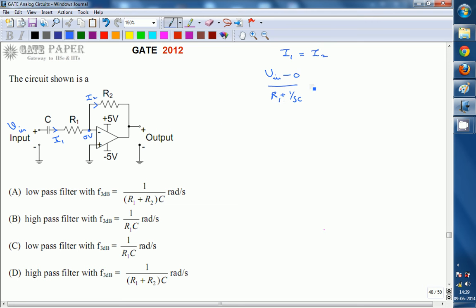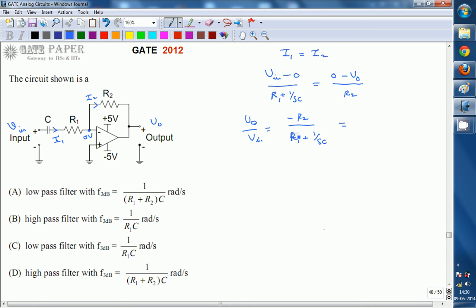That is equal to 0 minus V naught, where V naught is V out, divided by R2. From this we can write V naught divided by V in is equal to minus R2 divided by R1 plus 1 by SC.